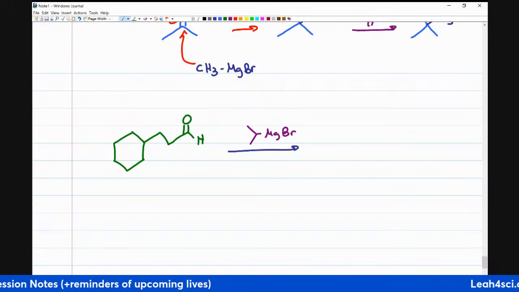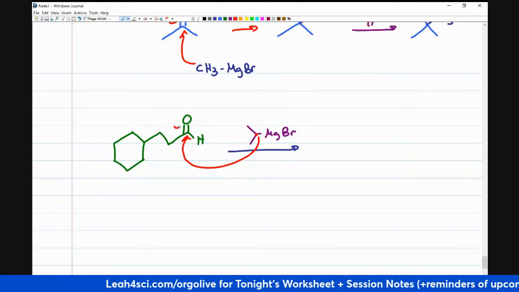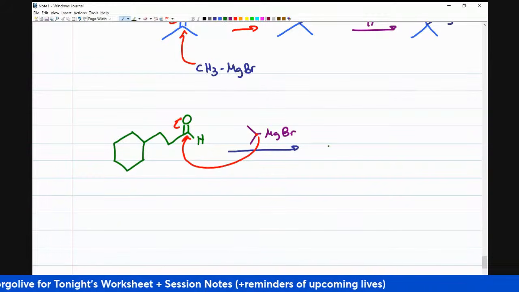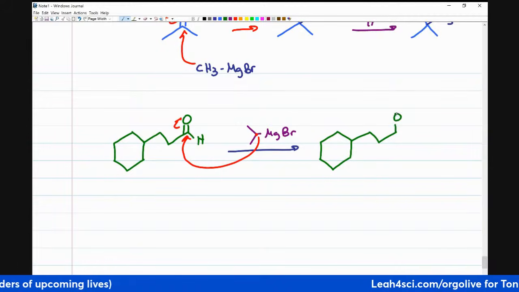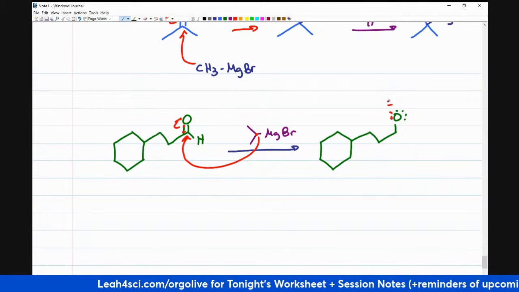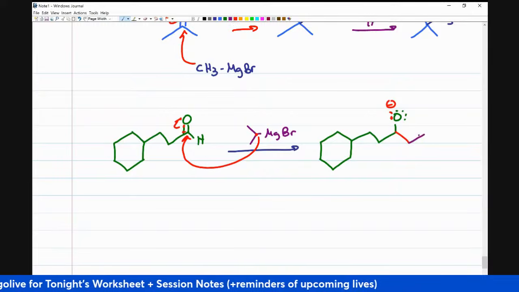The mechanism, first, let's do it the slow way, is the carbon that is attached to the magnesium, that is the carbon that does the attack at the carbonyl position, kicking up those electrons, giving me my near final product, which looks like this with an O-. The extra lone pair from the pi bond gives it the negative charge. But then here's the new bond where the Grignard attacked, and we have that propyl group.